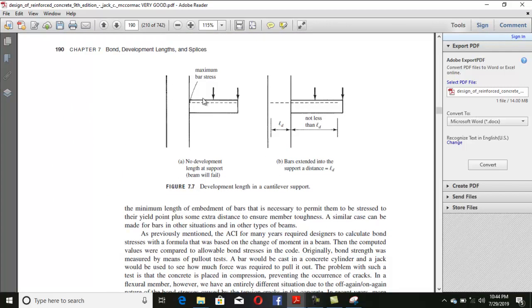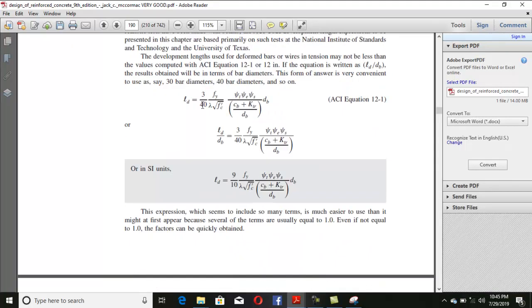A cantilever example is given, if it is a column and a cantilever beam. We will explain these examples, as well as simply supported ones. We are only concerned with this basic equation. This is the LD by dB ratio. We mostly calculate this ratio and then multiply dB with the term we get.